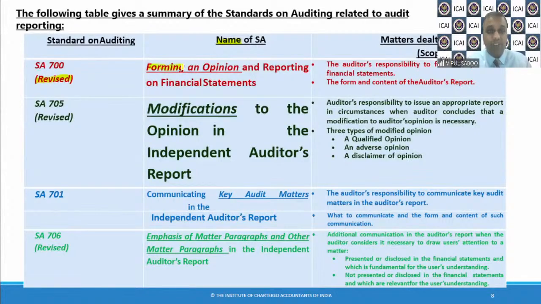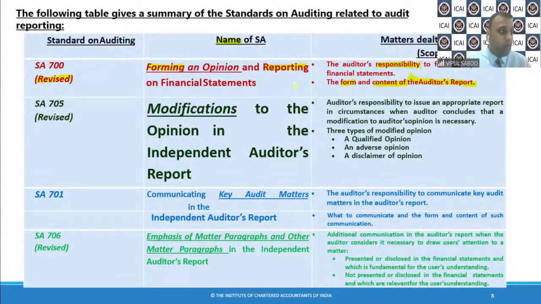The auditor first has to form an opinion, and then he has to report this opinion in the audit report. So this SA discusses the responsibility to form the opinion, and further it lays out the form and content of the auditor's report, a standard format of the audit report. This is SA 700, quite simple.